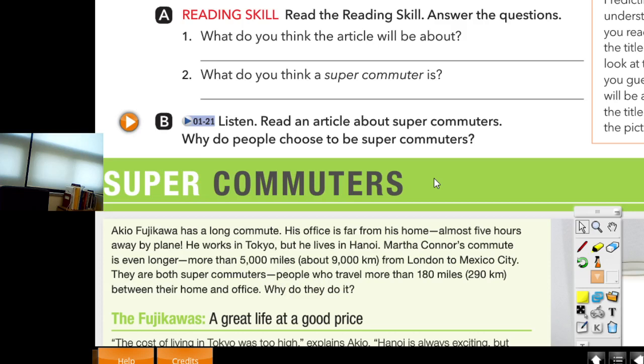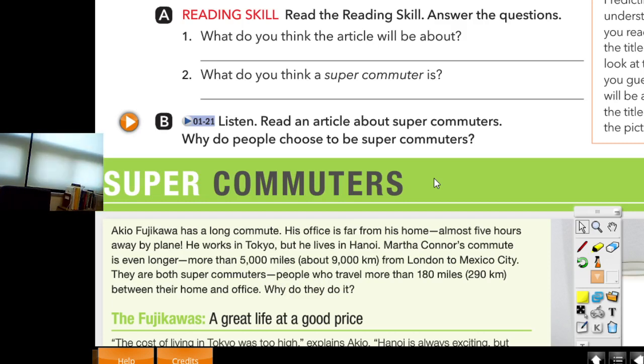He and his family love Hanoi, especially the Vietnamese food. Every Monday, Akio flies to Tokyo and returns on Thursday night. He stays with his sister while he is in Tokyo. He works from his apartment in Hanoi on Fridays. There is one big disadvantage, though. He misses his children during the week. I can never go to their school concerts or sports activities.